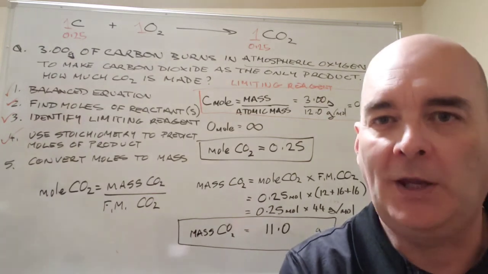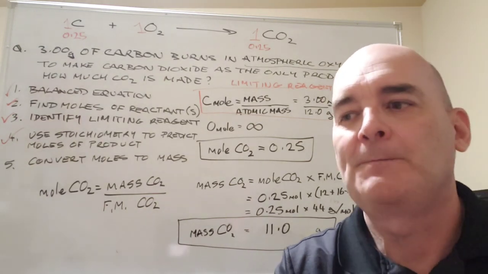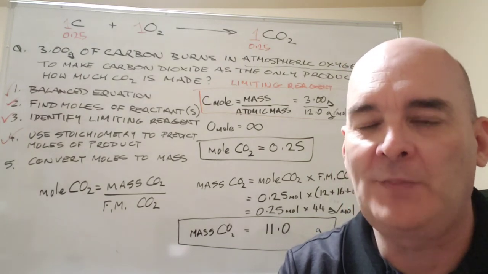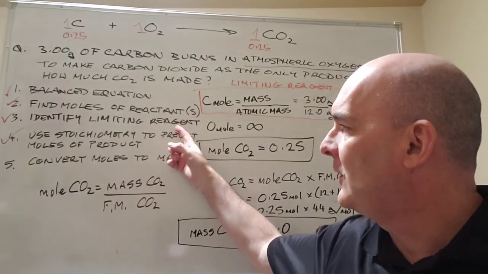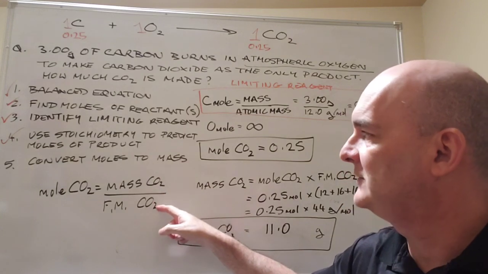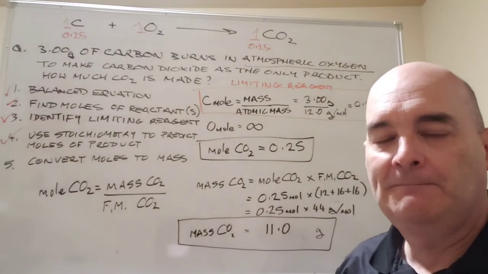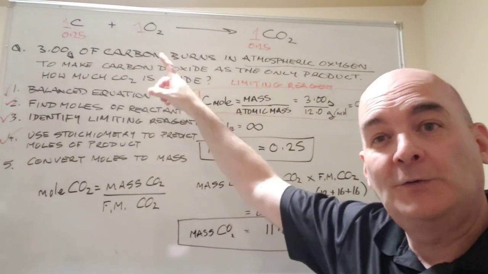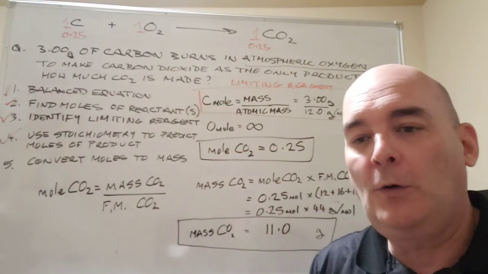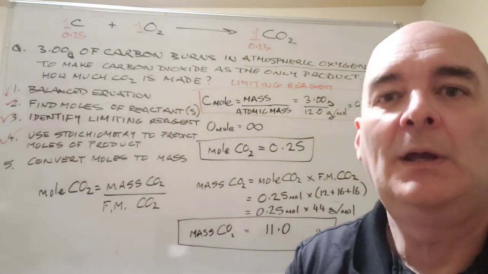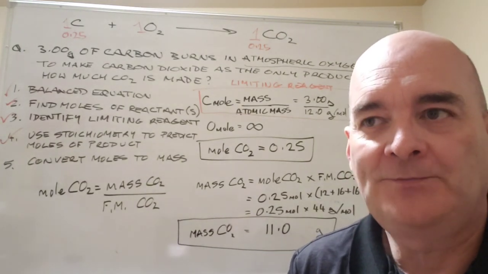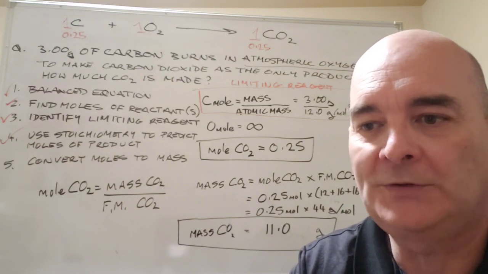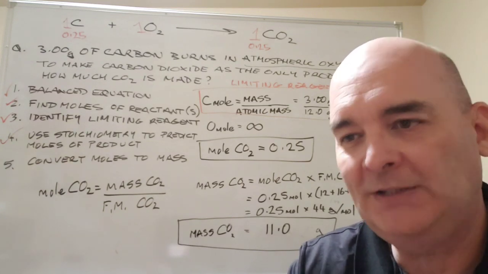You use the stoichiometry of the limiting reagent to the product to determine how many moles of product you've made, and then you turn moles back to mass. Okay? Can't use mass in equations. It just doesn't work. Those are mole quantities. And all that a mole is a mass divided by its atomic mass. So we're going to have to change all of our masses into moles and then back again. It's just 2 steps.